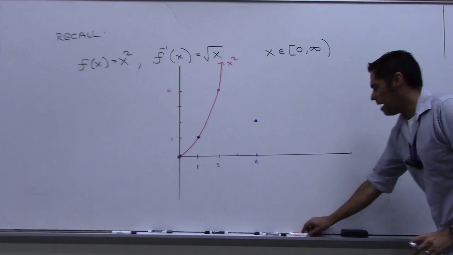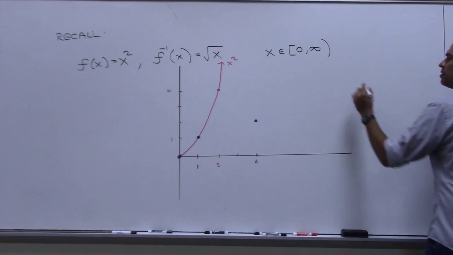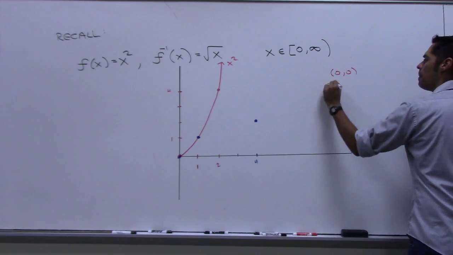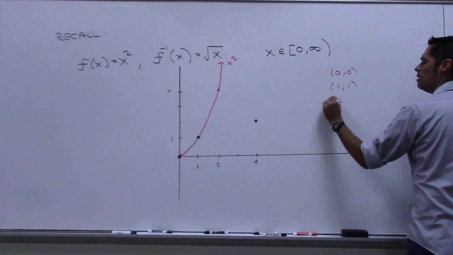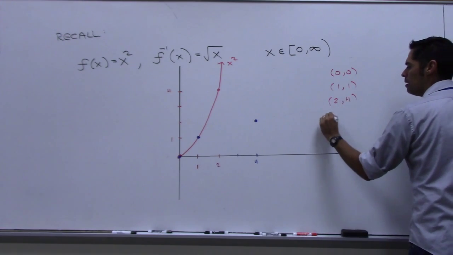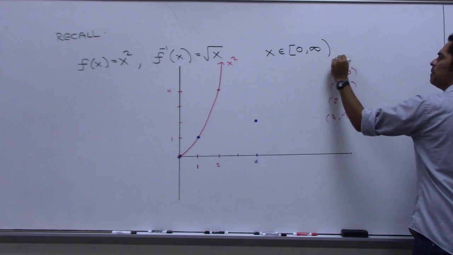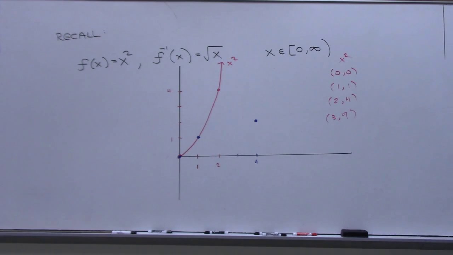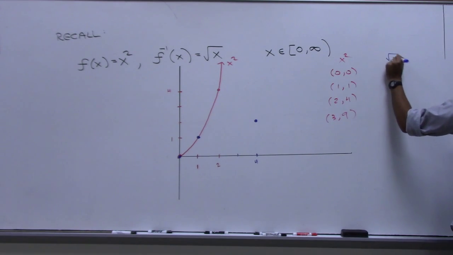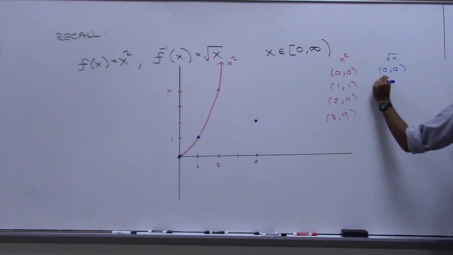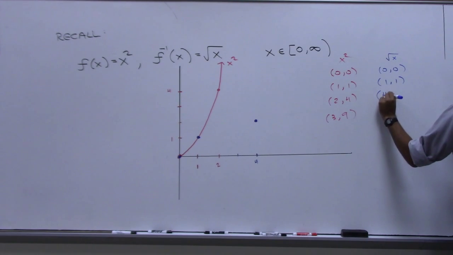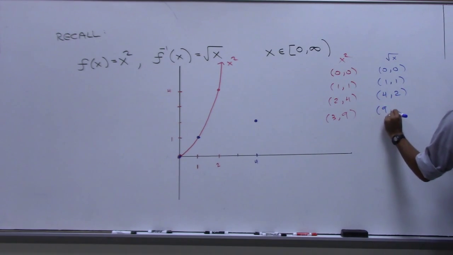Let me list these out because I want you to also see this. 0, 0, 1, 1, 2, 4, 3, 9. These would be the ordered pairs for x squared. And then the opposite would be the square root of x: if you listed those out, it would be 0, 0, 1, 1, 4, 2, 9, 3.